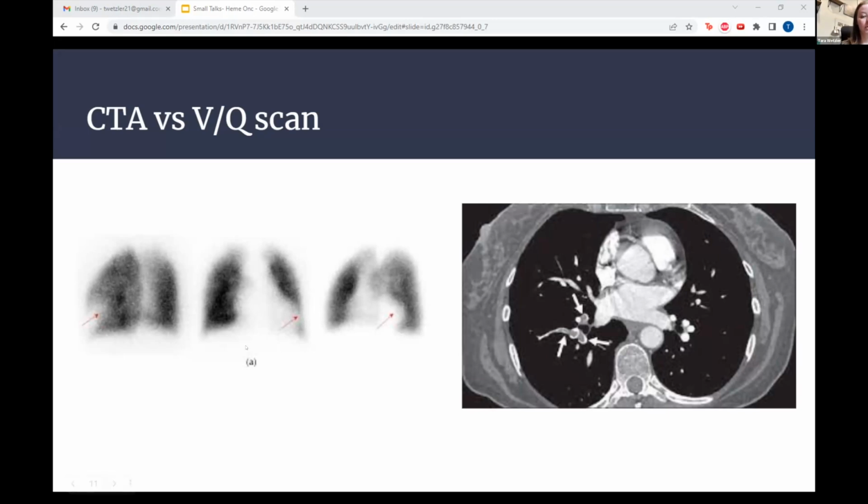It's a little bit more complicated, and it does require an experienced radiologist. So if you're somewhere where maybe you only have access to a resident radiologist overnight, that could sway your decision between whether you want to get a CT angio or VQ scan.